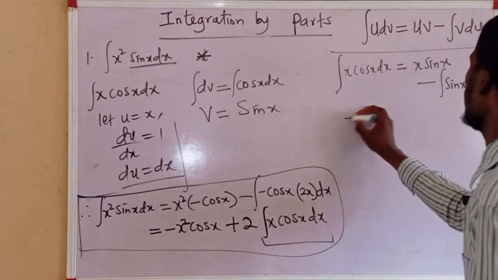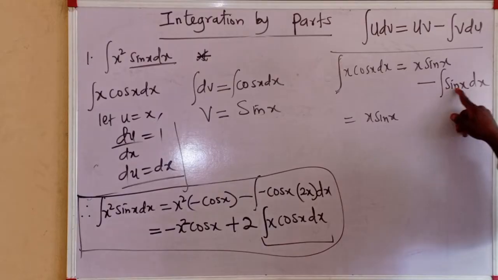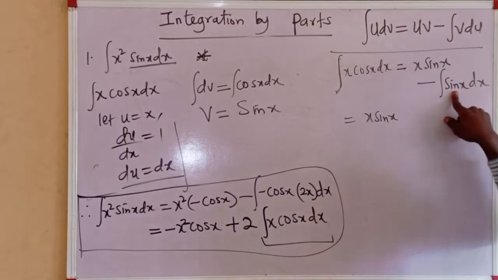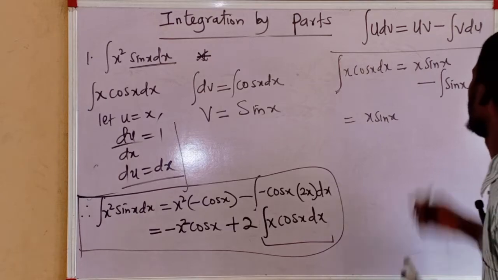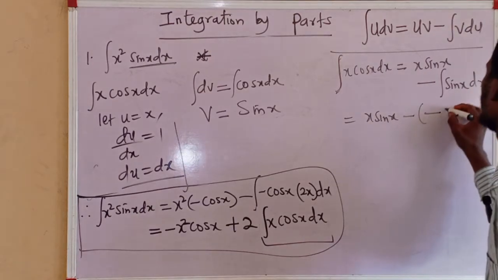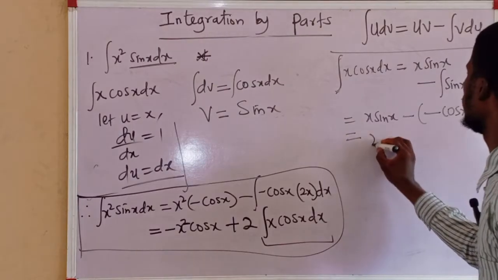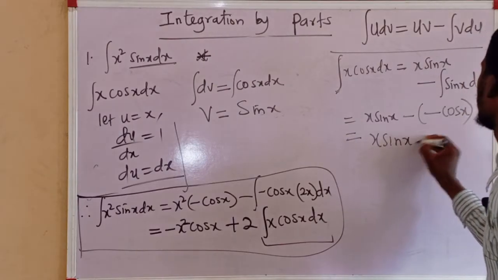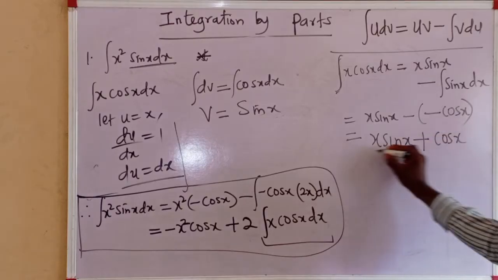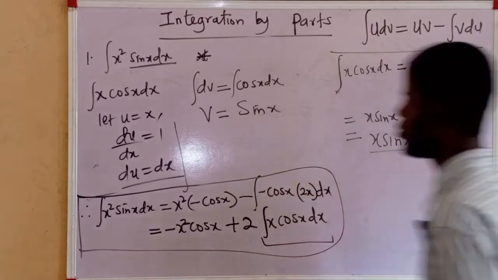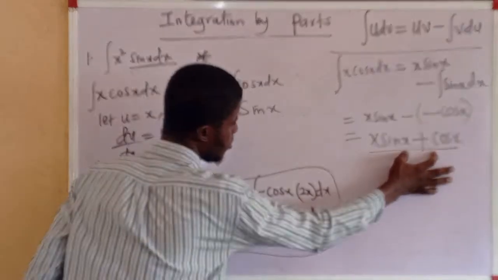So we have x sin x. Integrate sin x dx to obtain minus cos x. Minus cos x, so this is minus minus cos x. And this is equal to x sin x plus cos x. So the integral of x cos x dx is this.